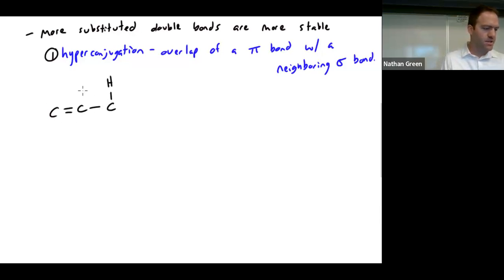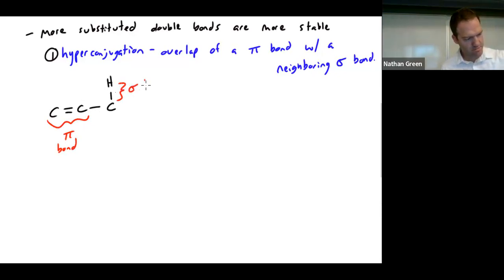And we're going to see how this carbon-carbon pi bond is going to overlap with this carbon-hydrogen sigma bond. Okay, so carbon-carbon pi bond looks like this. That's the sigma bond between them. Don't worry about it.